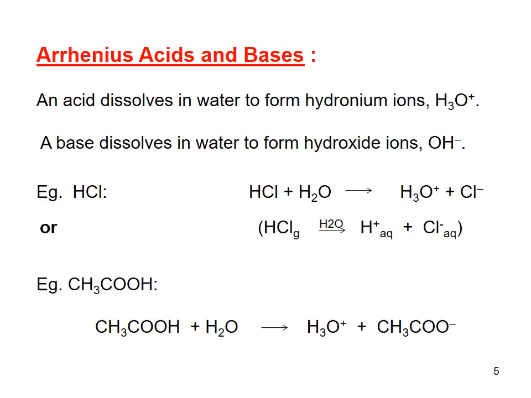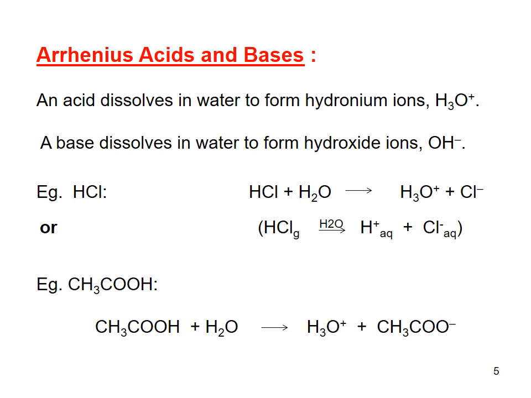The first one is the Arrhenius concept of distinguishing acids and bases. According to this concept, an acid releases H plus ions into water, and a base releases hydroxide ions into water.